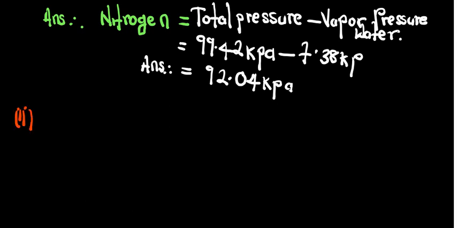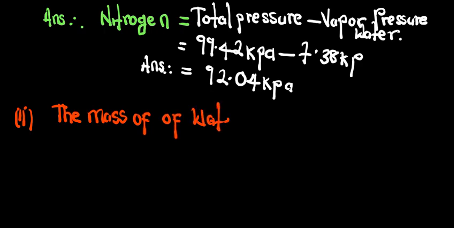So what is part 2 asking? They're telling us we are supposed to find the mass of water vapor in the gas phase. Okay? They want us to find the mass of water vapor in the gas phase.